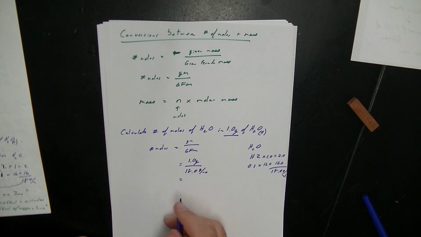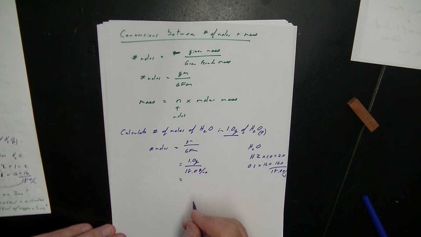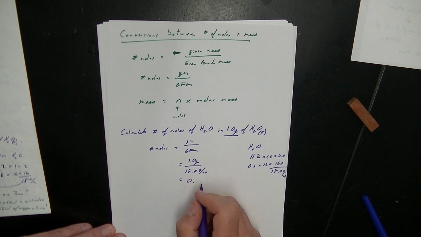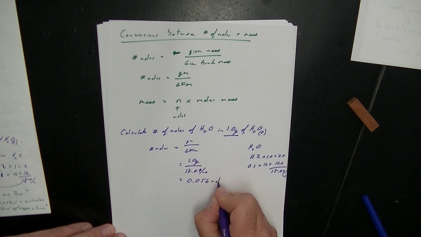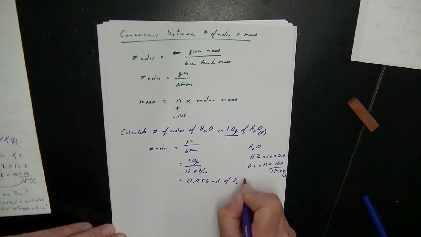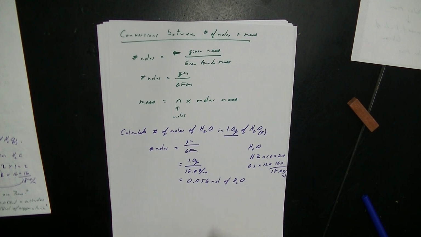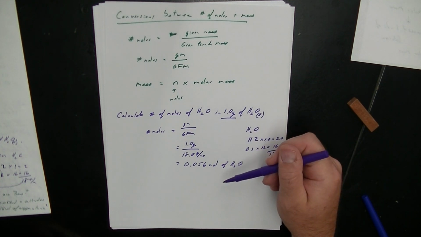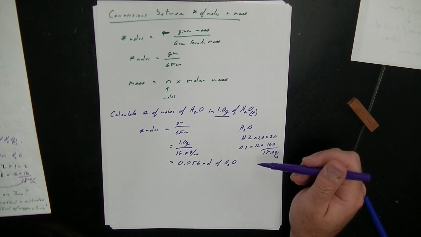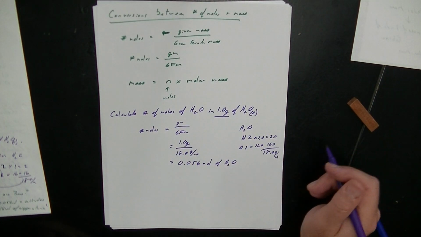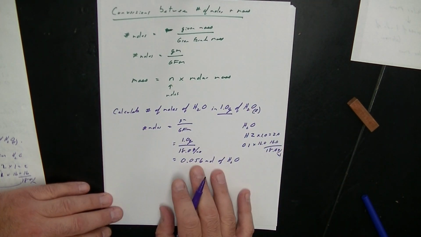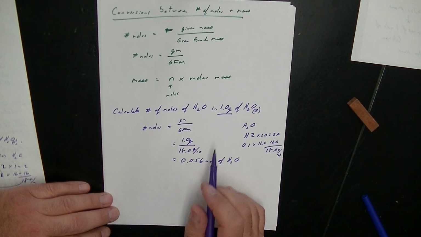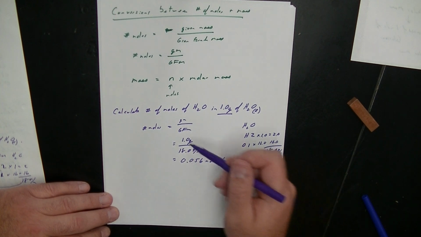So it turns out that if I had 1 gram of water, I would have 0.056 moles of water. All right? So that's how we calculate moles. You could use dimensional analysis if you wanted, and that would be okay. It might go through that in the textbook. I just think this is way easier.